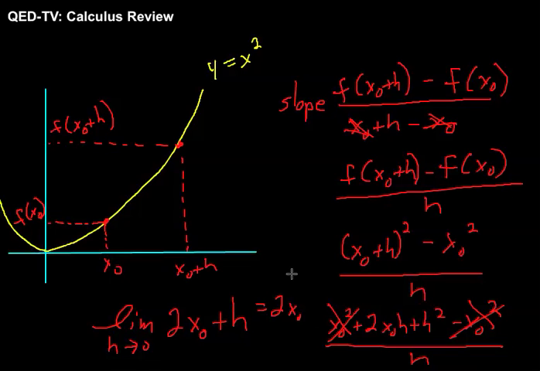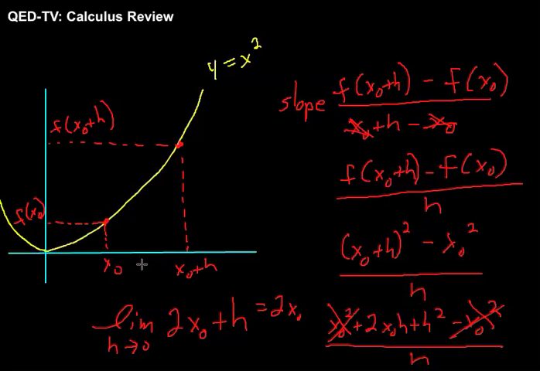So it'd just be 2 times whatever your x value is. So this makes it really, really easy here. Now what I've done here is I've actually taken the derivative of this function. This is called the derivative.